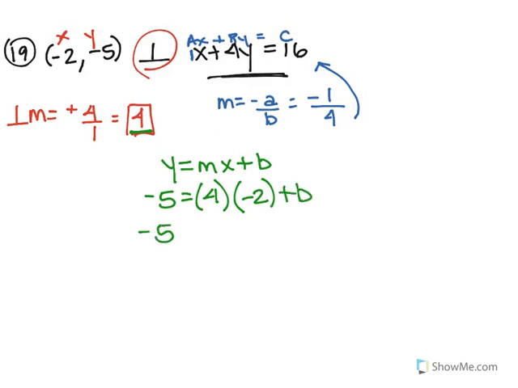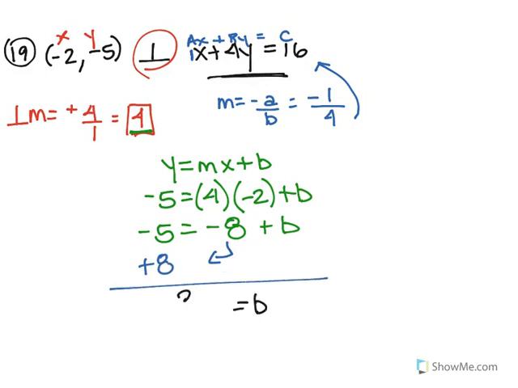And so we get negative 5 equals, that's negative 8 when you multiply it together. To get b by itself, you're going to add 8. And so we get our y-intercept to be positive 3.